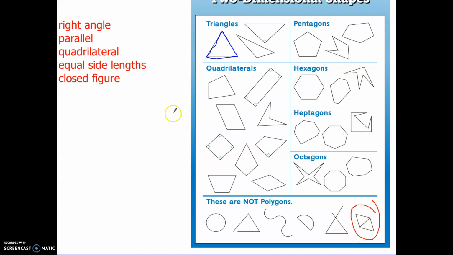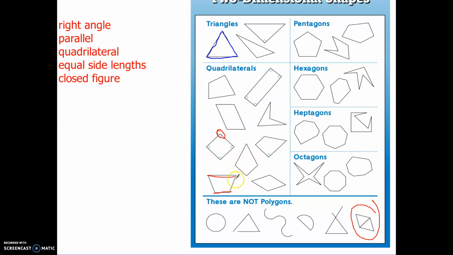Okay, so polygons, some of them have right angles. That's when you see this blue circle, or that I circled that blue square. That means that that shape has right angles, and I always tell the boys and girls that's because when you look at those angles there, it looks like a capital L. Another word I have here is parallel. Parallel is when you have sides that are opposite and they're running side by side, and they're never going to connect.